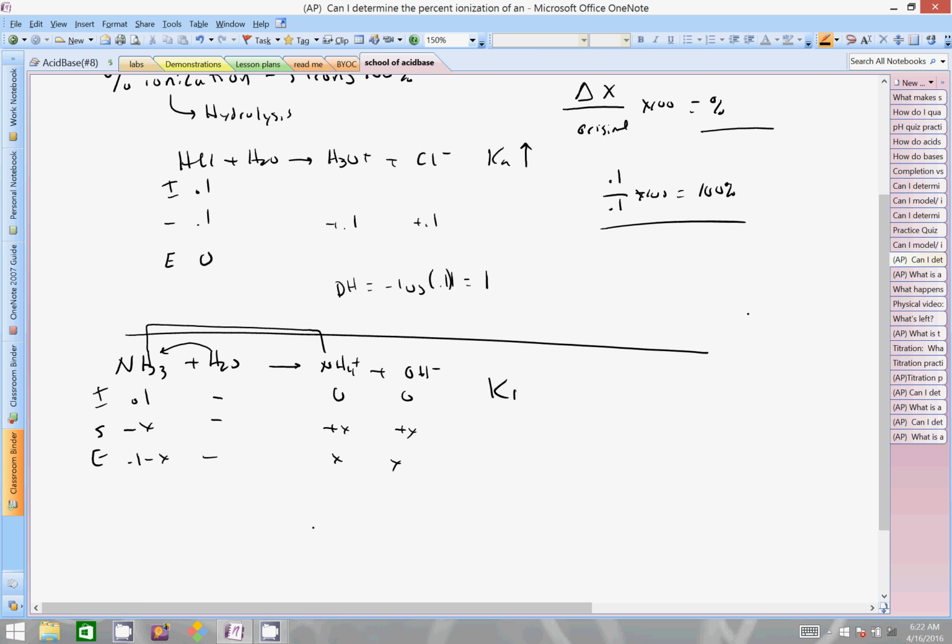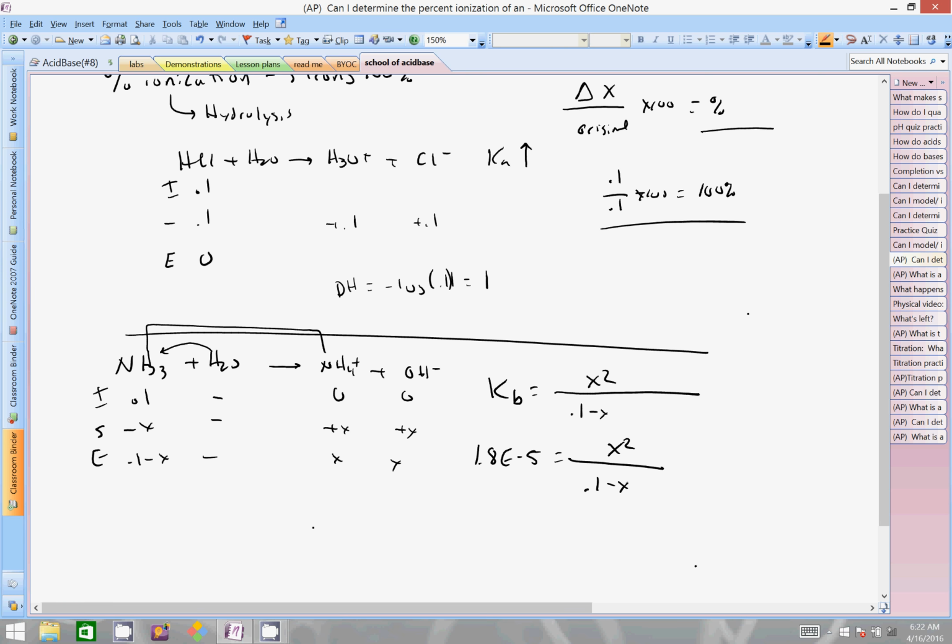The Kb in this example, because we're dealing with a base, is going to be x squared over 0.1 minus x. The Kb value for ammonia is 1.8 e to the negative fifth equals x squared over 0.1 minus x.